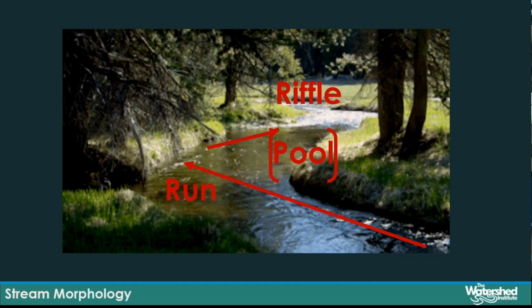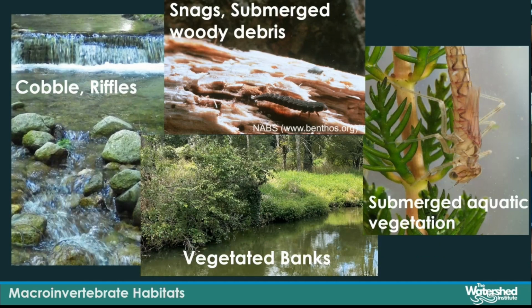That means we have a section that has been allowed to slow down and churn, and that is that pool. Pools tend to happen on the sides of streams where things are a little bit slower. And then in the background, we go over this rock or log and head into the riffle area.